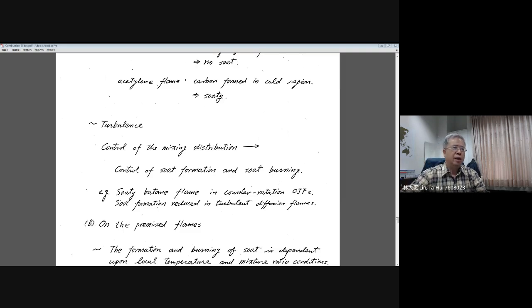It is not easy to describe a major way to control the turbulence. But in general, when you have good turbulence, that means you have good mixing, and the flames usually have less soot formation. Those particles can easily react with oxygen through intense mixing in the turbulent combustion field.